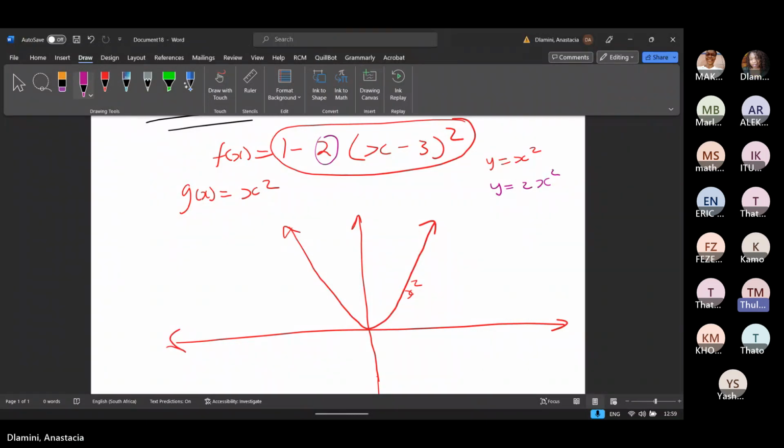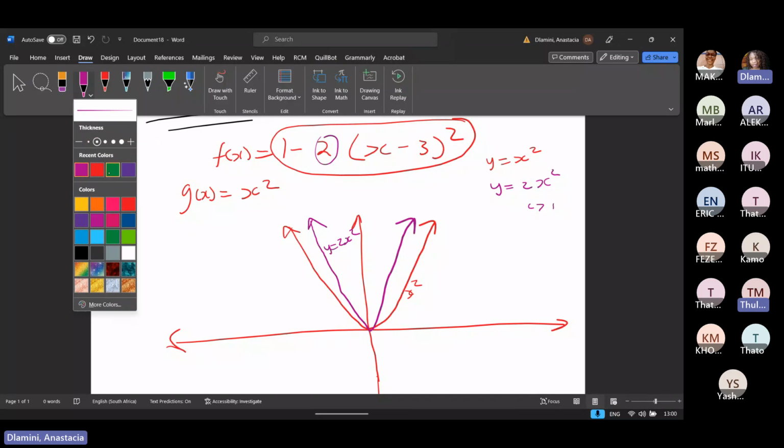We are stretching it by a factor of 2 because we said c greater than 1. It means that our new graph will be like this. So this will be y equals 2x squared.